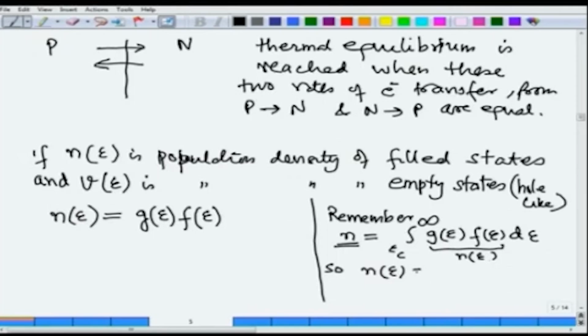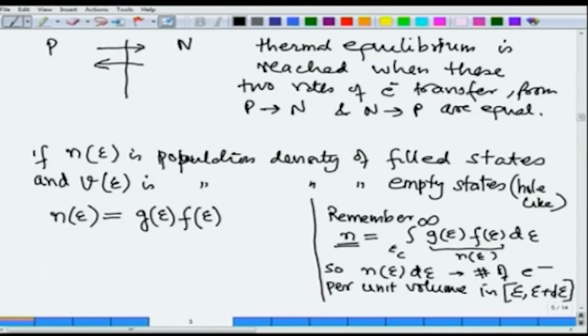So, n of E dE therefore represents the number of electrons per unit volume in this energy interval. So, that is what this quantity n really represents. That is what this population density is.